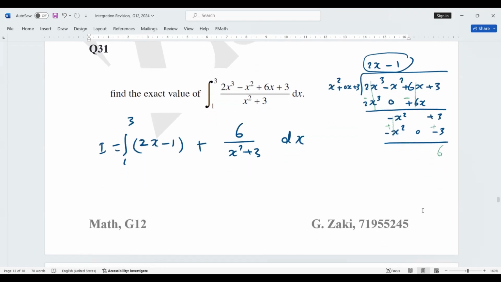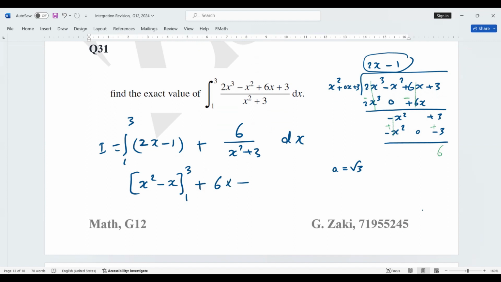The integration of 2x: add 1, divide by the new power, it's x squared. The integration of 1 is x, and the limit is from 1 to 3. We apply the rule of 10 here. So we take 6 outside, and a equals radical 3.